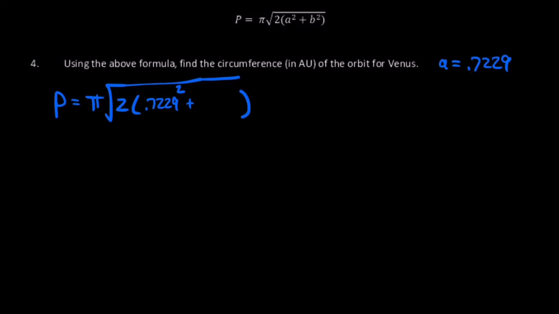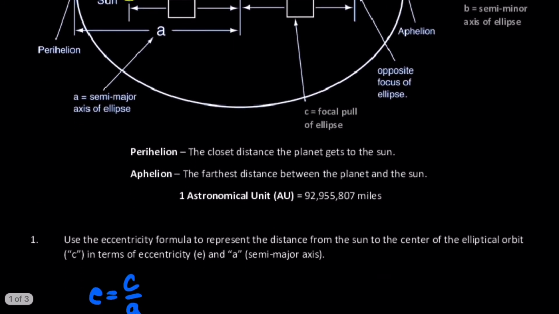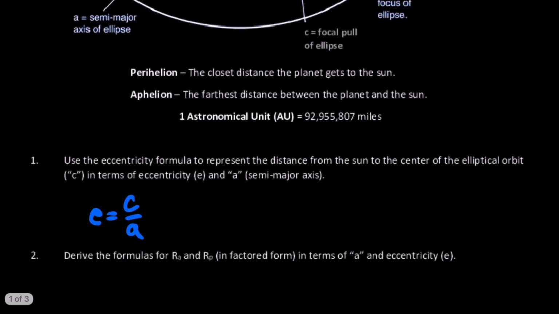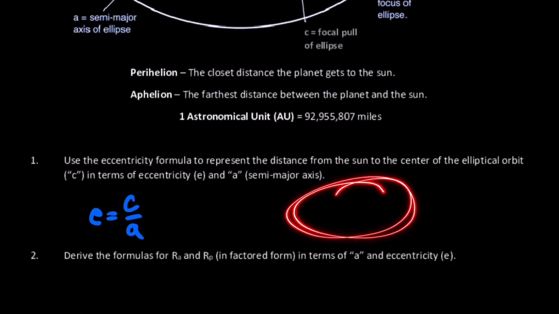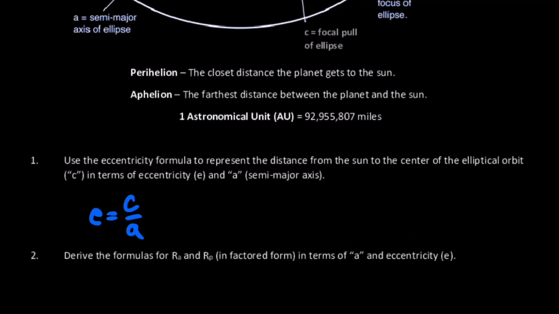To find B, we need to use our c squared formula for an ellipse. C squared equals a squared minus b squared. Now, we don't know C either, but we can find it very easily. Remember from the first page what we said about C. It's whatever you have written down right here. Hopefully at this point you have C equals EA.